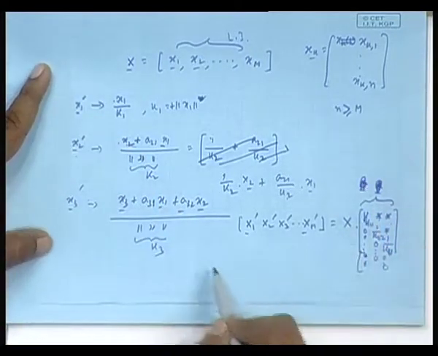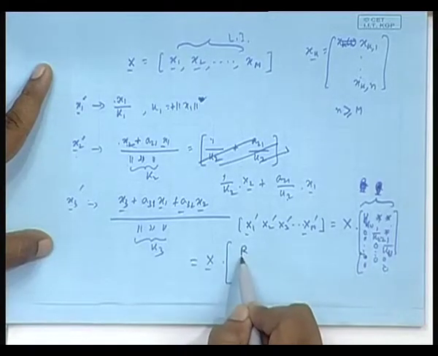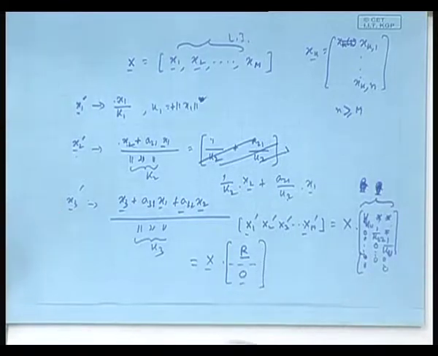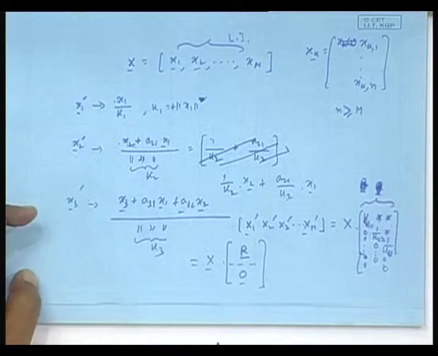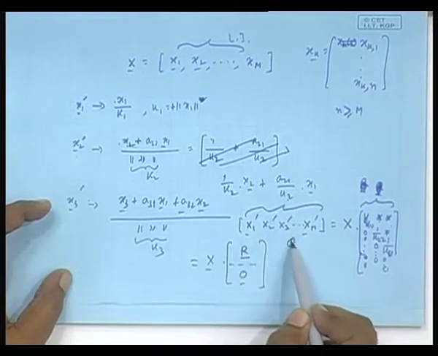So, let me write this way, x equals Q times R and 0. This matrix I can call Q.